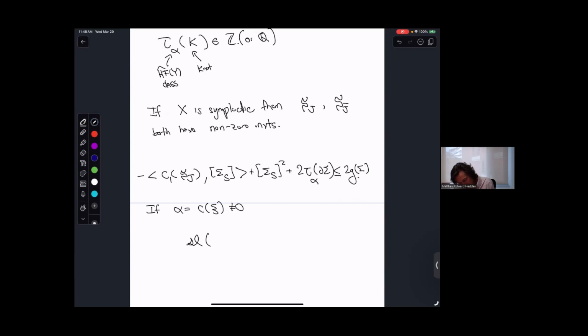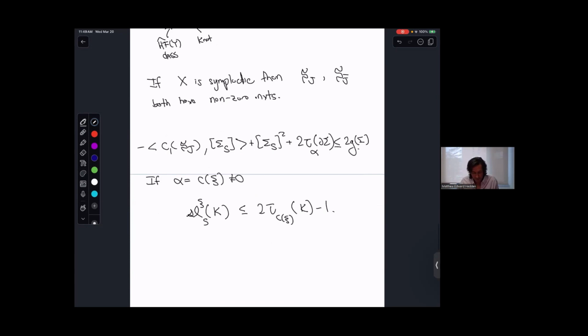Plemenevskaya's corresponding result for the tight contact structure in the three sphere, which said that the self-linking of a knot is bounded above by twice tau minus 1.